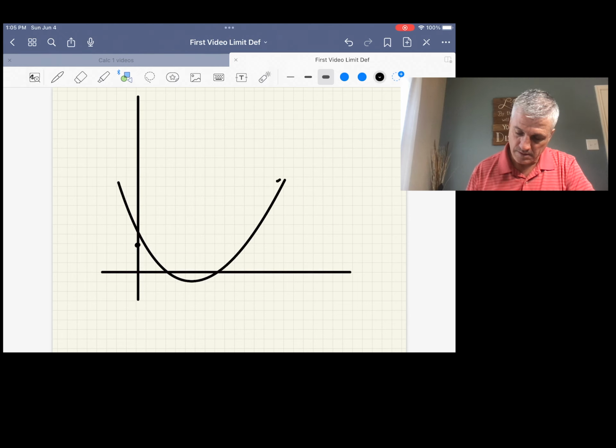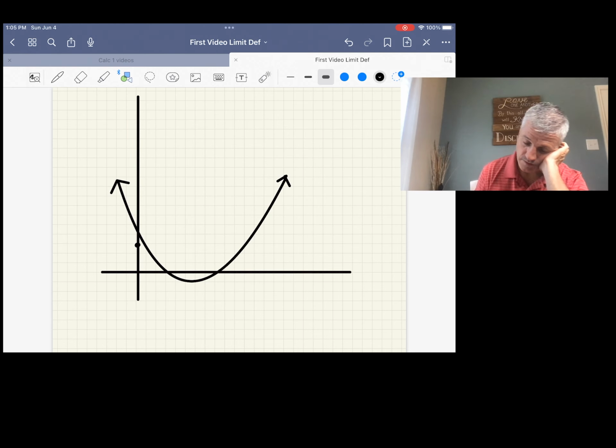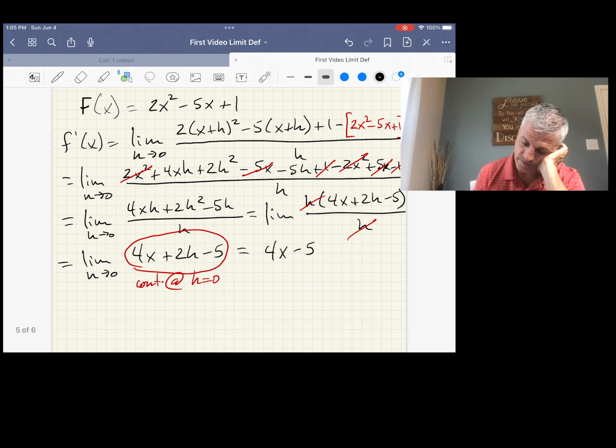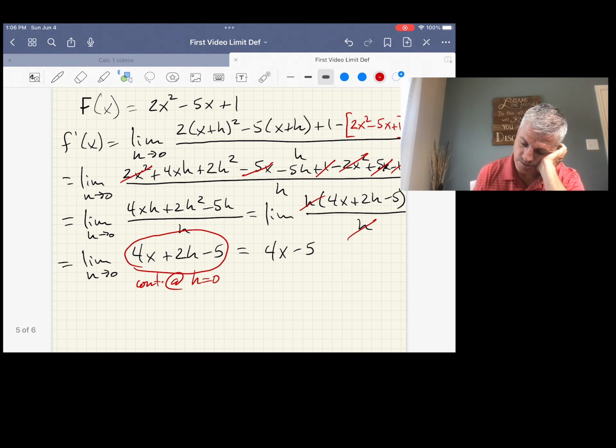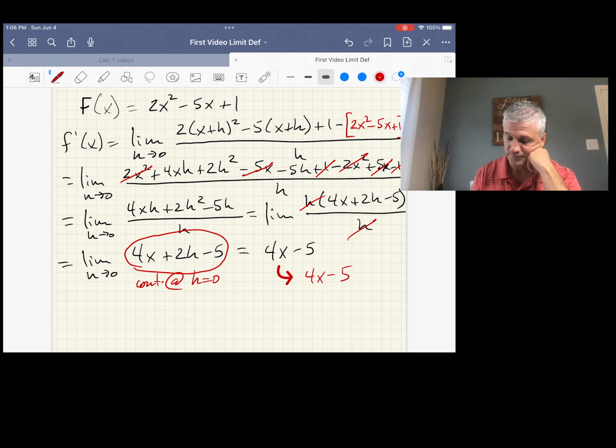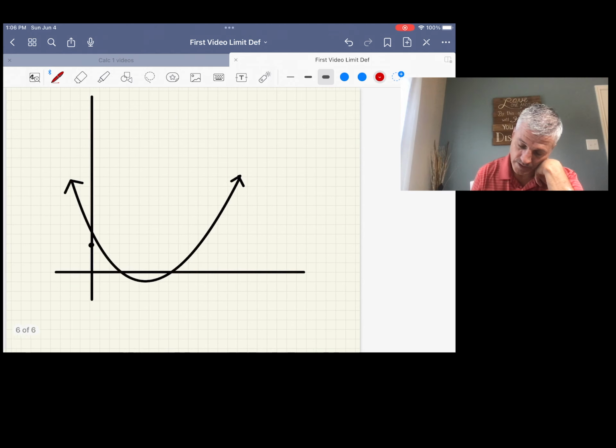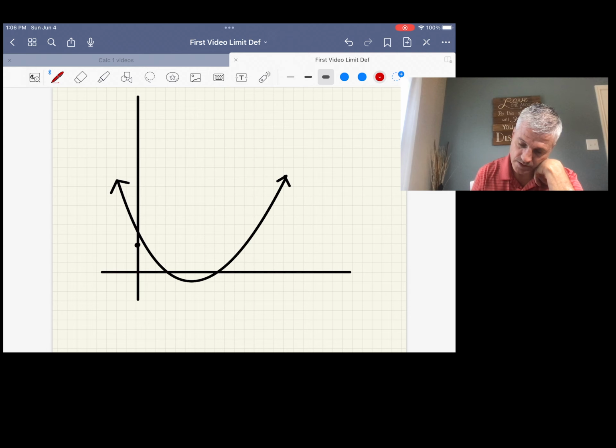Now we said the derivative is 4x minus 5. So that is a linear function. I'm going to do it in red. And notice that this will equal 0. So if I set this equal to 0, I get x equals 5/4 or 1.25. So we know that what's happening here is this is crossing right here.